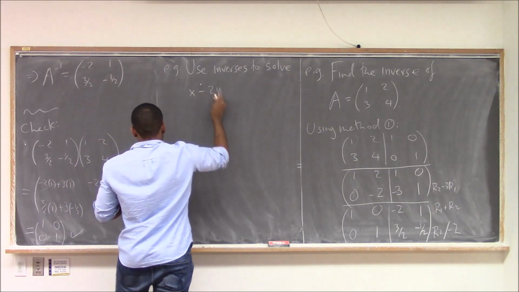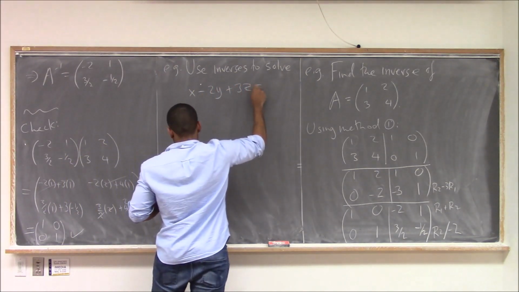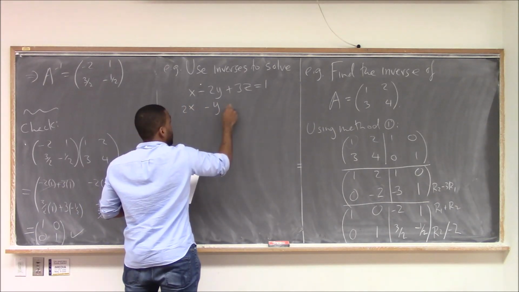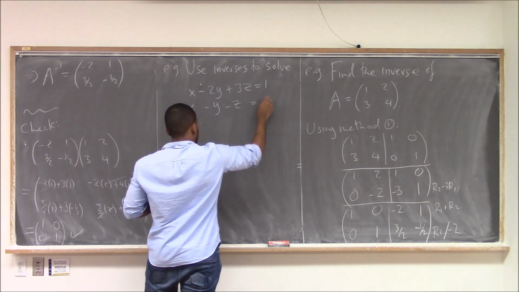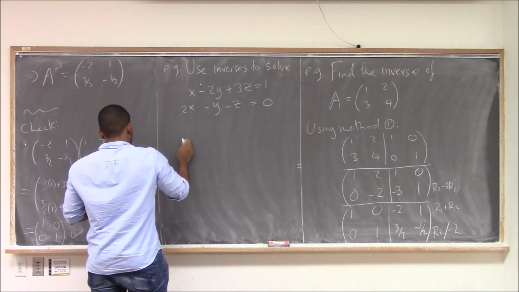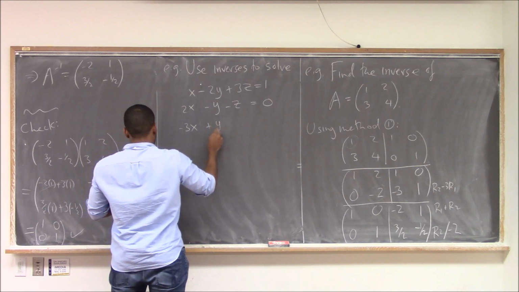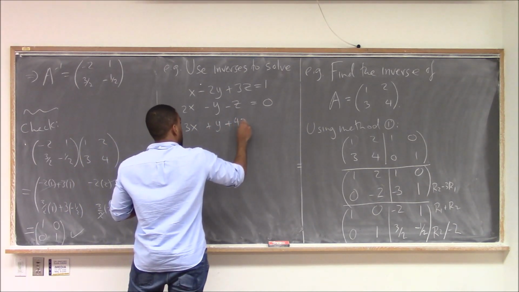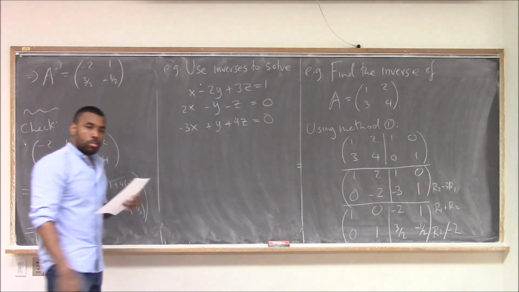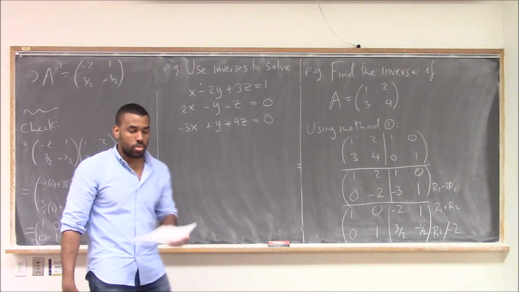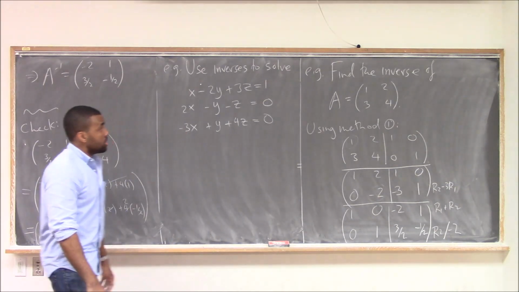X minus 2y plus 3z equals 1, 2x minus y minus z equals 0, and minus 3x plus y plus 4z equals 0. Same system that we had before, where we actually solved for the x value using Cramer's rule. Now we want to solve for the entire system using inverses.